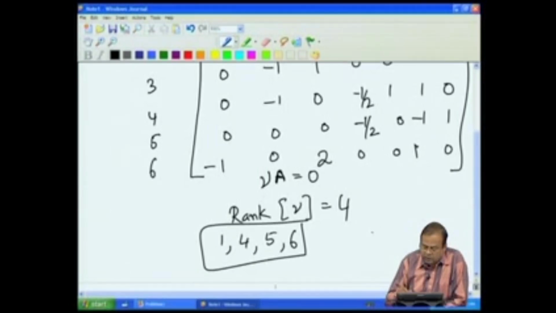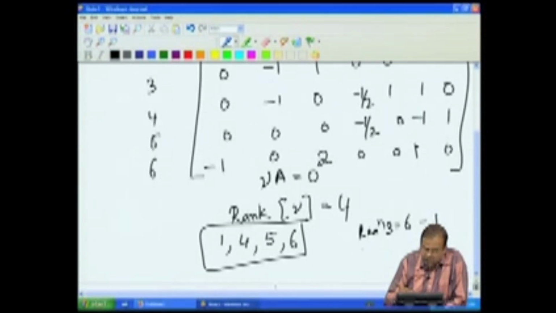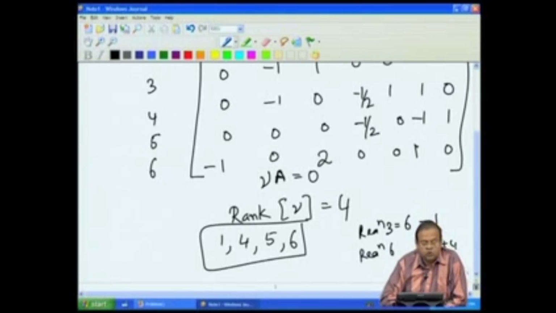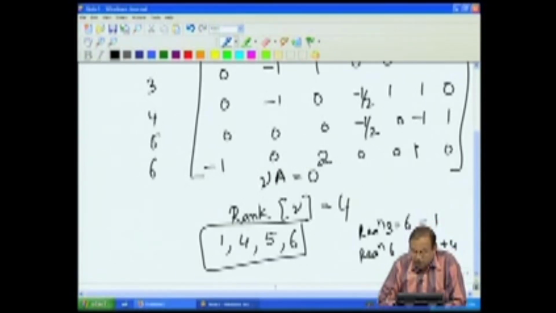And then as I said earlier, my reaction 3 is actually 6 minus 1, and my reaction 6, once again, reaction 6 is actually 2 times 1 plus 4. So, if I choose 1, 4, 5, 6 as my independent reactions, I have satisfied the requirement.